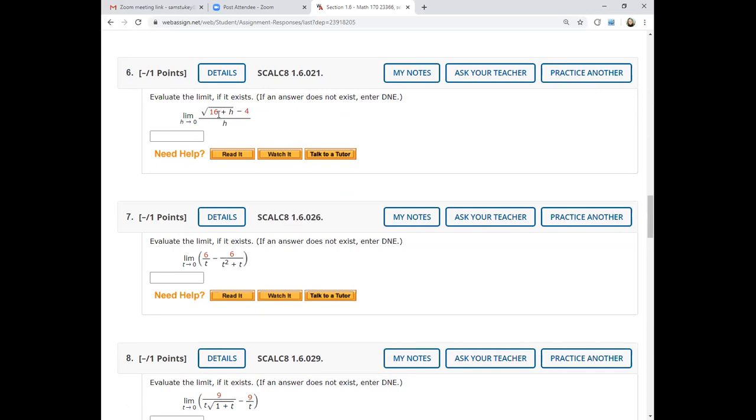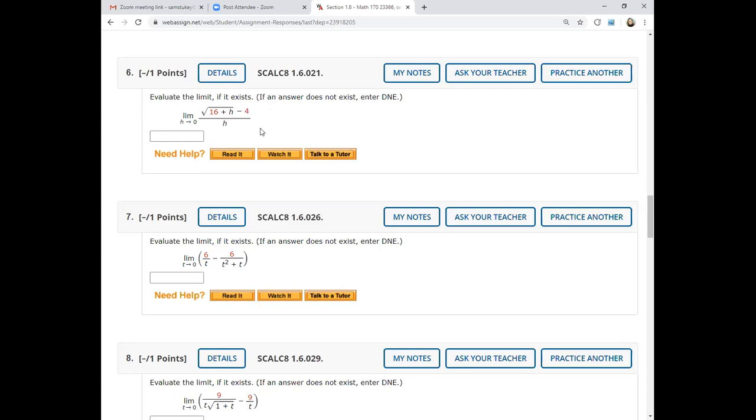For the conjugate one, you're going to multiply the top and the bottom by the square root of 16 plus h plus 4.